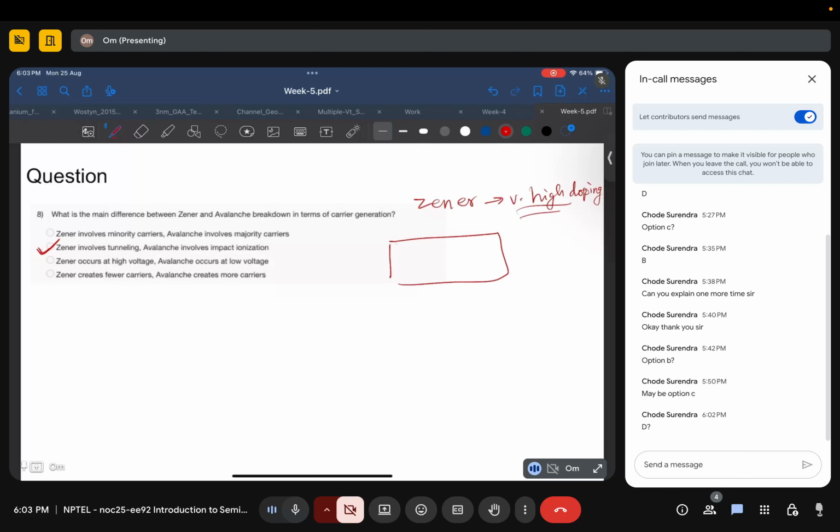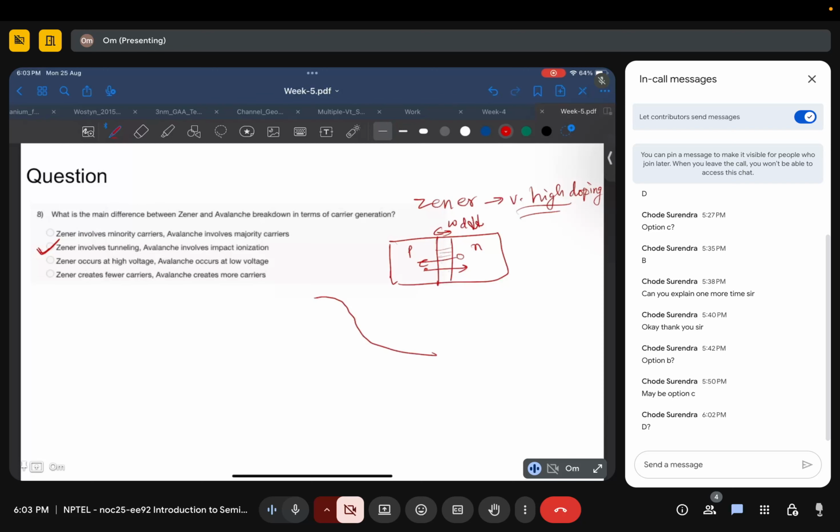When you have very high doping, you have very thin depletion width. So when you apply a reverse bias, on this P side and this N side, the minority carriers, electrons tunnel here and holes tunnel here, because this depletion width is very thin, so they can directly tunnel.